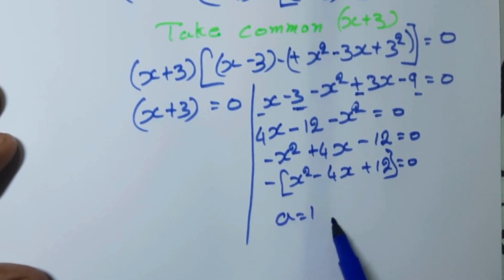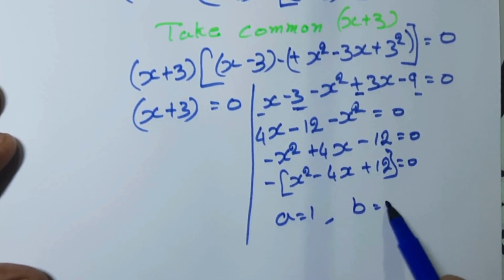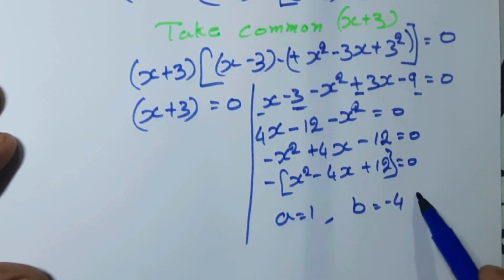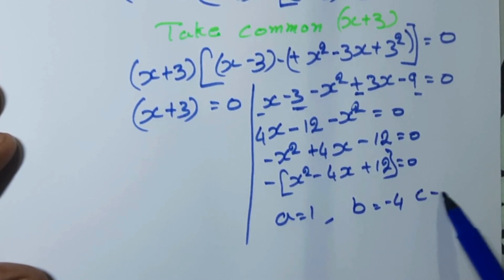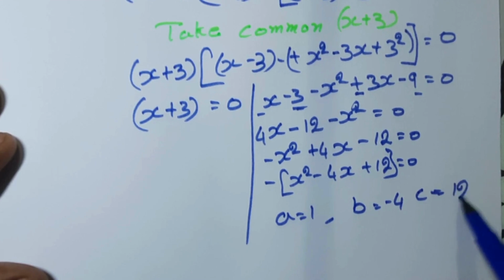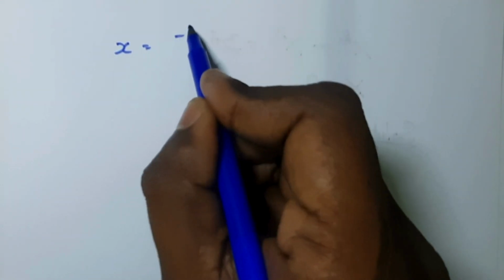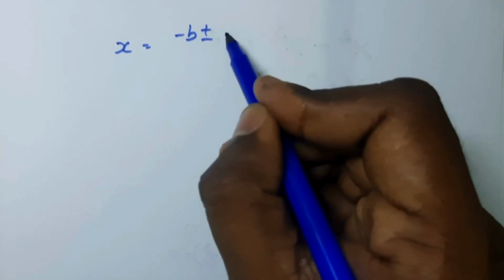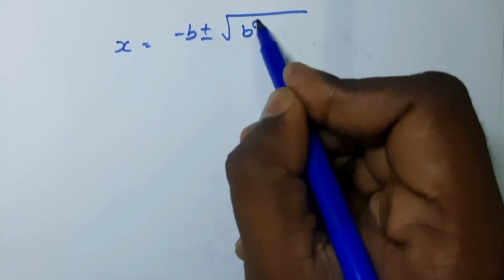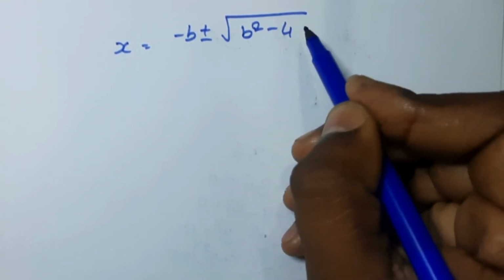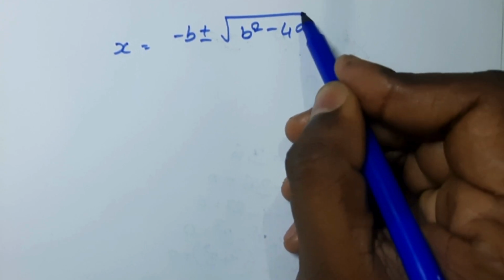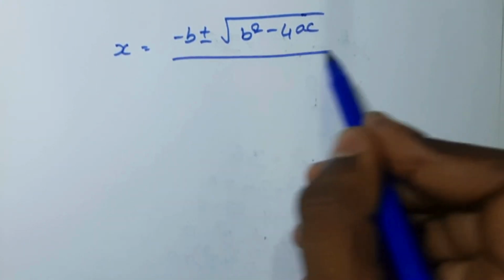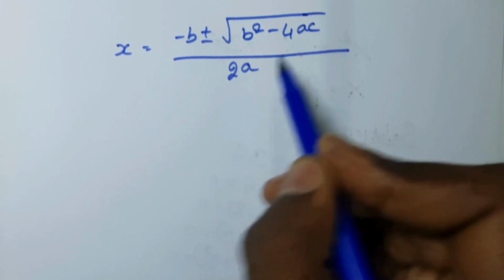a equal to 1, b equal to minus 4, c equal to 12. x equal to minus b plus or minus square root of b square minus 4ac by 2a.